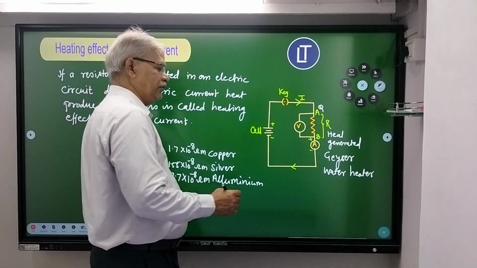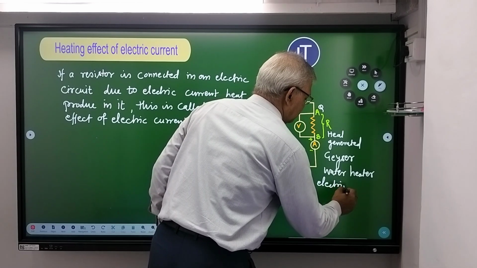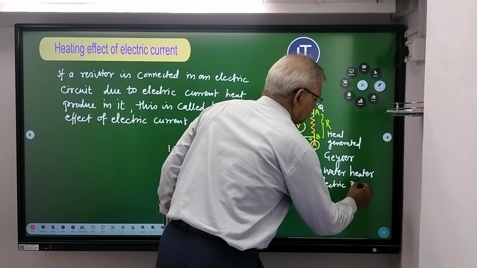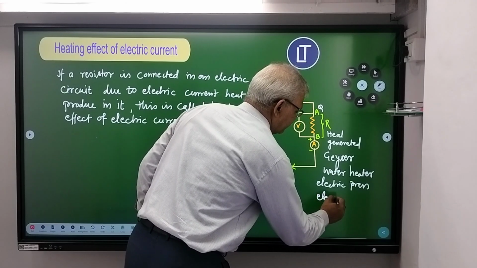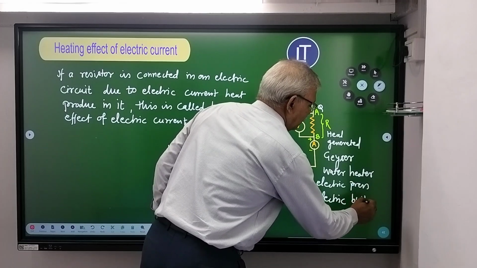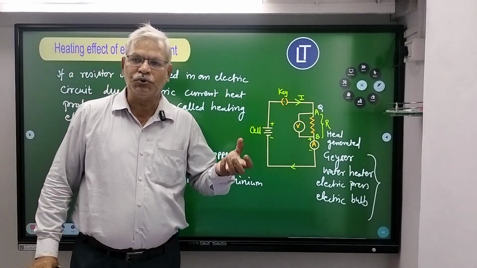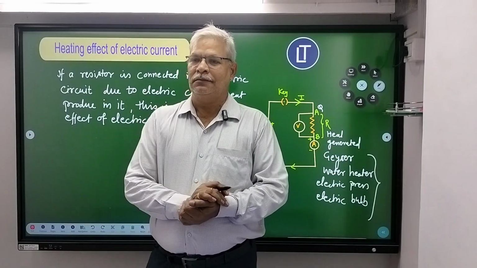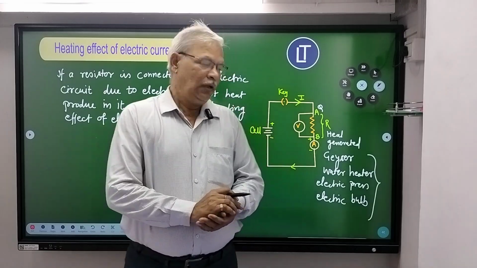An electric press, and even your electric bulb. All these instruments which are producing heat are considered as resistors. Okay?